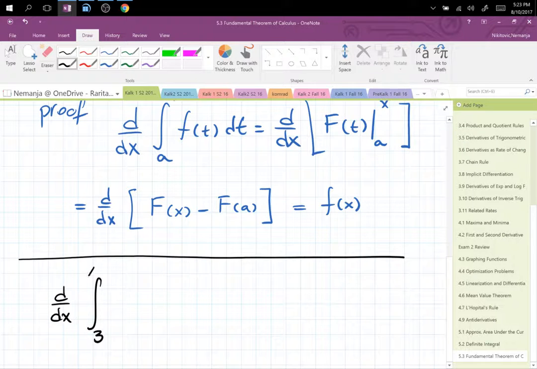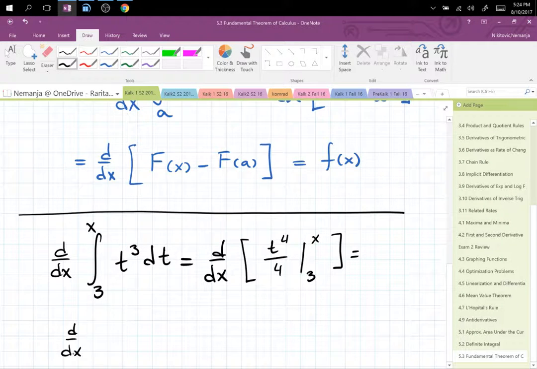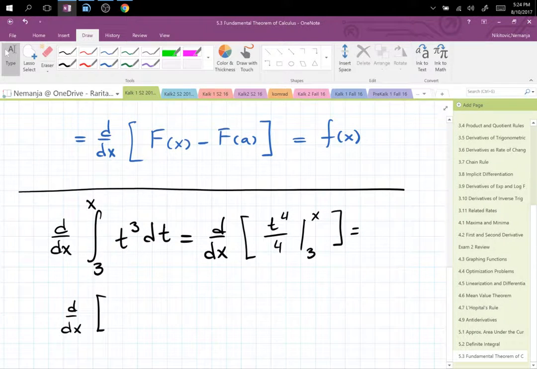The integral from 3 to x of t cubed dt. So we write d/dx, and now the integral is t to the 4 over 4 computed from 3 to x. d/dx equals, now I have x to the 4 divided by 4 minus 3 to the 4 divided by 4.